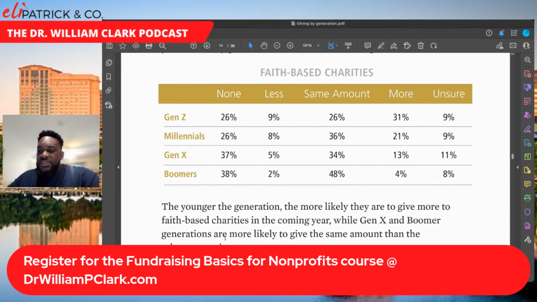Baby boomers have said that 38% of them have given no money to faith-based charities or foundations then or now. 2% of baby boomers said that since the last data set, they are giving less. 48% are giving the same amount they gave in 2016, and they gave that same amount in 2022. 4% have noted that they are giving more than they were in 2016.